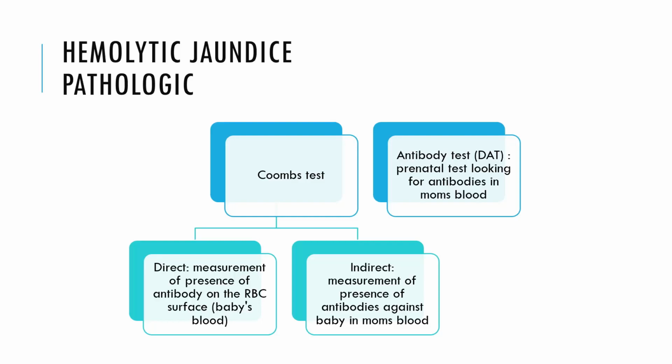So you've got a sharp trend up, a fast rate of rise, and you want to know what is going on. Is this attributable to hemolysis, and is it because mom has made antibodies that are now attacking the baby's red blood cells and making them hemolyze?